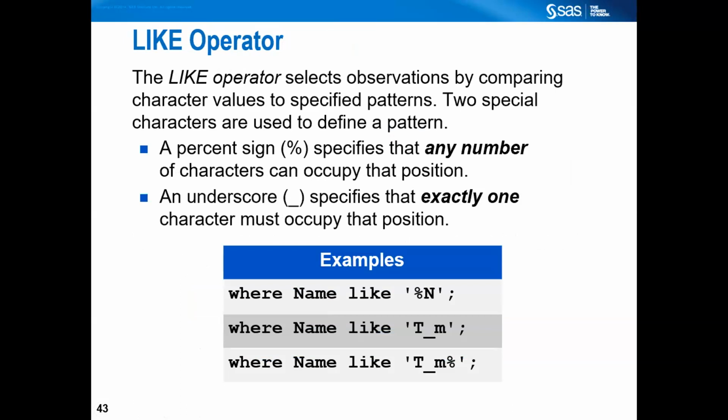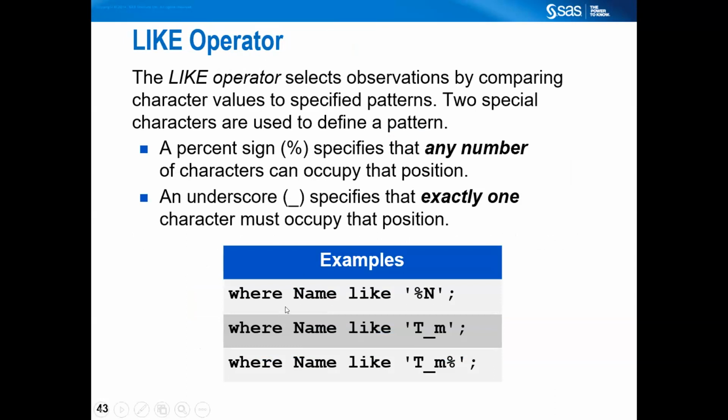Now let's see how the like operator, a special operator, works with where. The like special operator is something where you give a pattern of characters to select from your data as per your requirement. A percent sign means any number of characters should be selected, and one underscore means exactly one character.